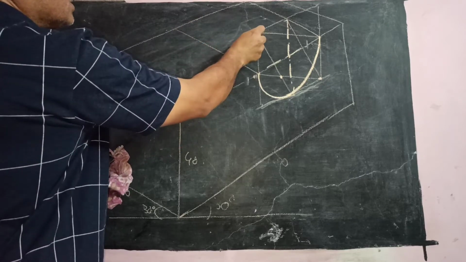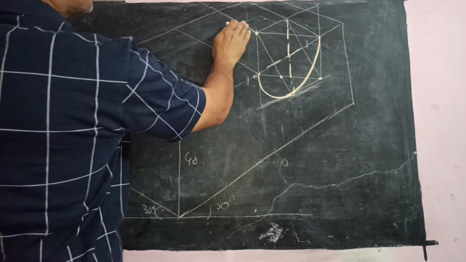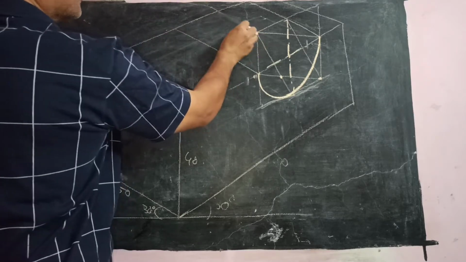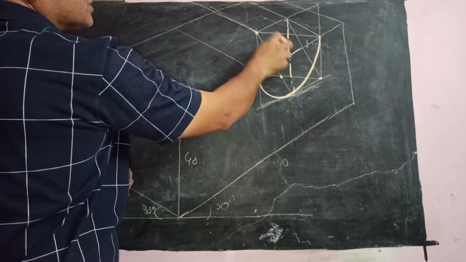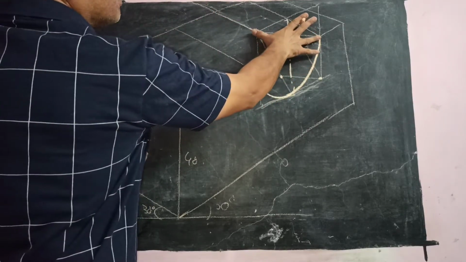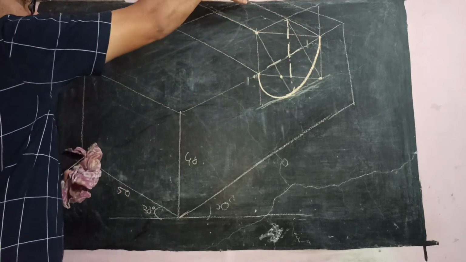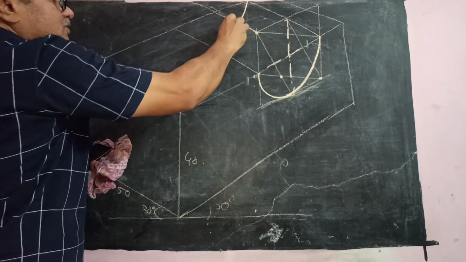So this center is to be transferred somewhere else parallel to this by 40 mm. Why 40 mm? Because the width of this is 40, so it should be transferred by 40. Take this same radius and from here draw this. So you can draw this.